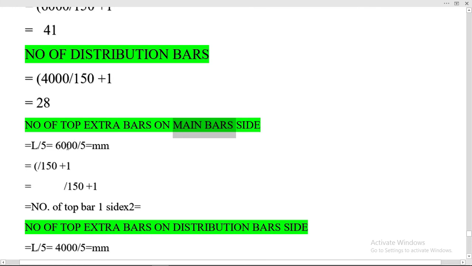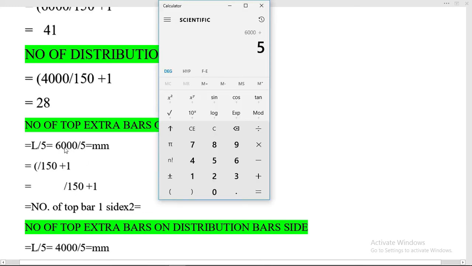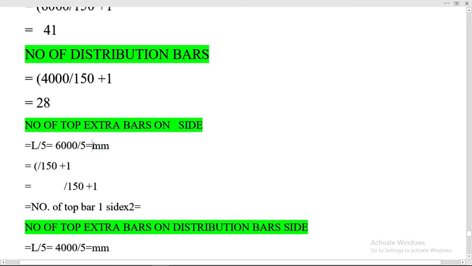Longer span is here 6000 millimeter divided by 5. Let me calculate now. 6000 divided by 5, 1200. It means we have 1200 millimeter length to provide the top extra bar on the main bar side.